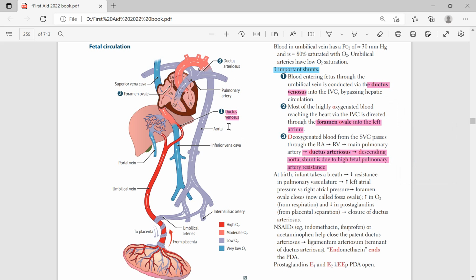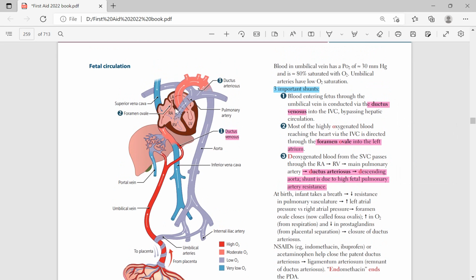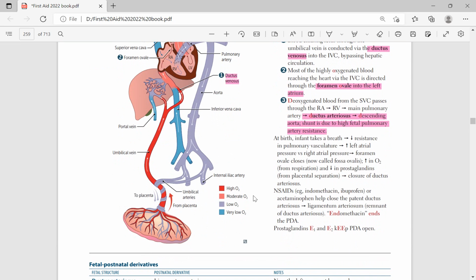So, three important shunts in fetal circulation. First is the ductus venosus, between the umbilical vein and inferior vena cava. Second, the foramen ovale between the right atrium and left atrium, and the ductus arteriosus between the pulmonary artery and descending aorta.